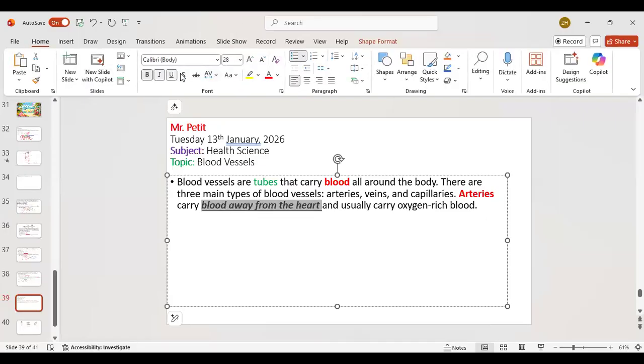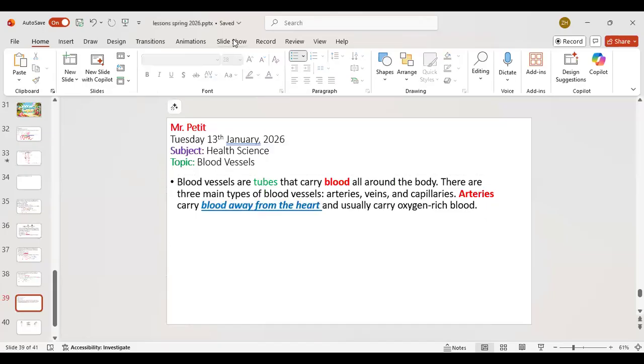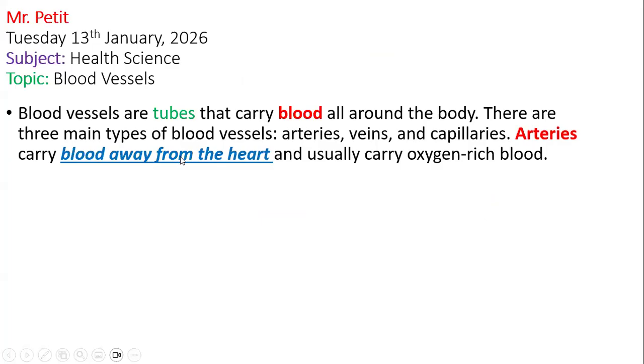That's a good way to remember it. So which blood vessels carry blood away from the heart? Arteries. And how are you gonna remember it? A stands for away. Very good. So arteries carry blood away from the heart.